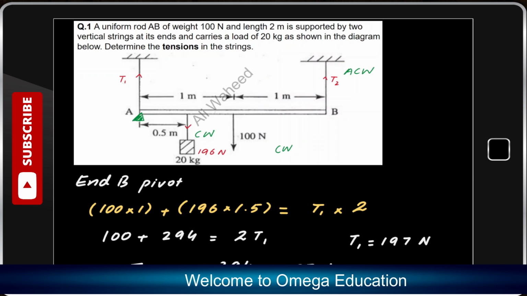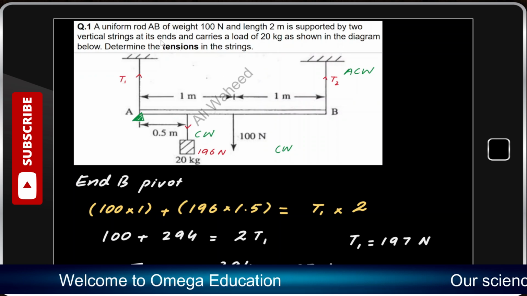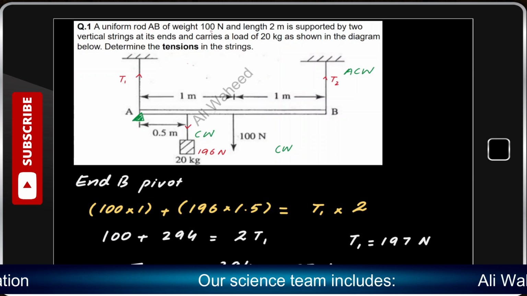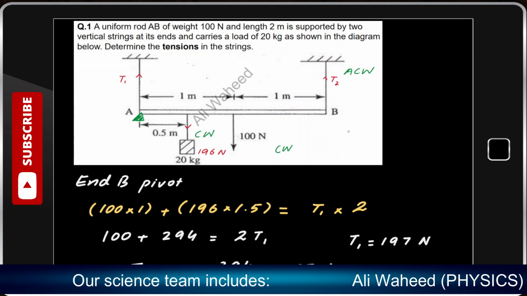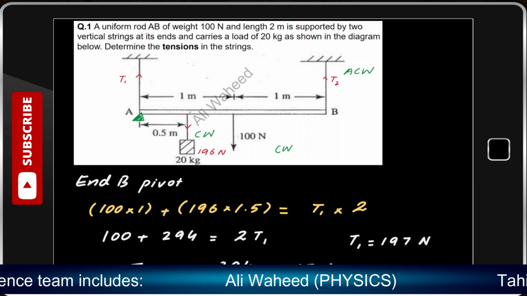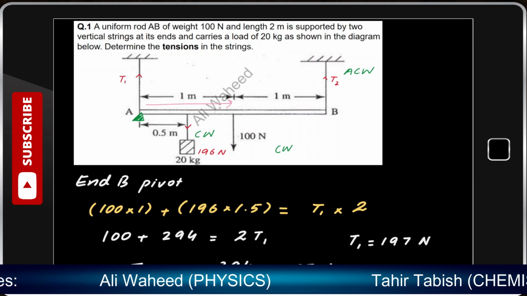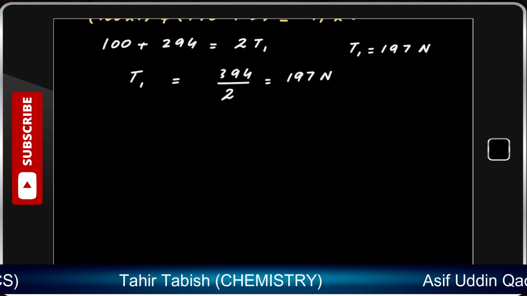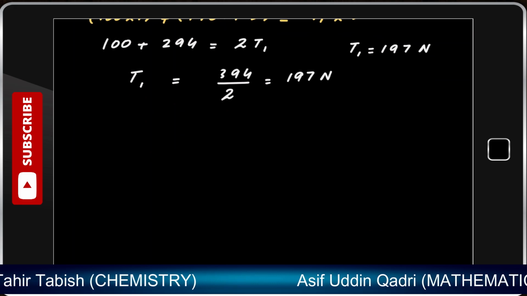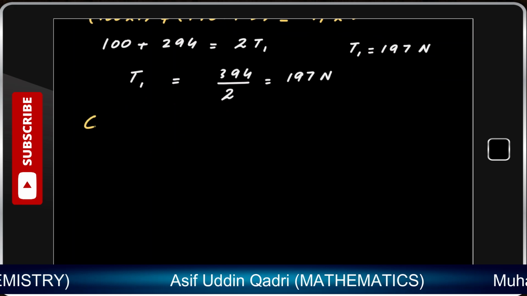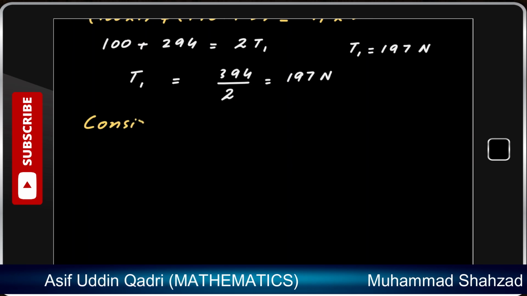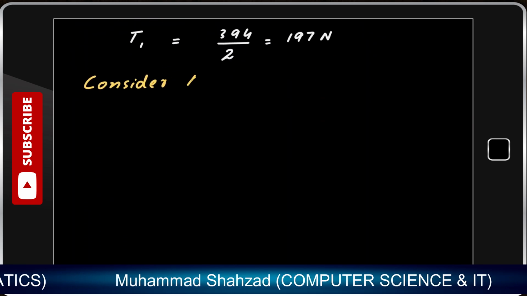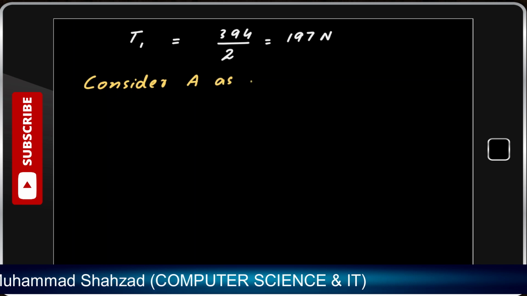Now I'm going to add all the clockwise moments on one side and all the anti-clockwise moments on the other side. So what do we have clockwise? Well, first of all, consider B as a pivot now. Sorry, A as a pivot. Yes, A as pivot.